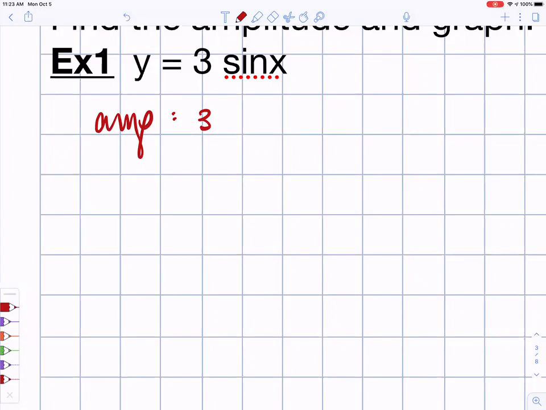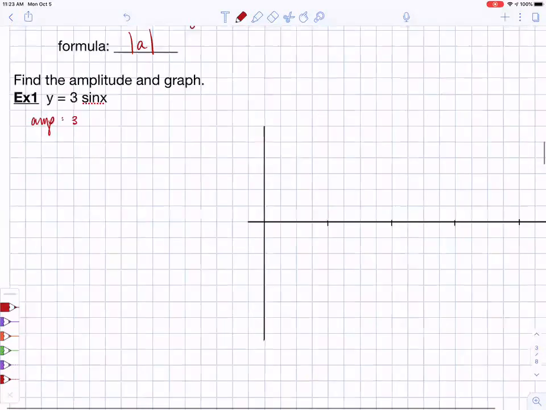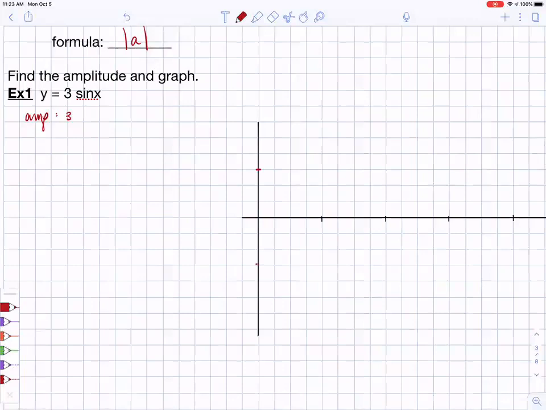How far up and how far down does the parent sine graph go? Up to 1 and down to -1, right? Because its amplitude is 1. So how far up and how far down is this sine graph going to go? Up to 3 and down to -3. All right, so let's just go ahead and let's mark 3 on the axes.